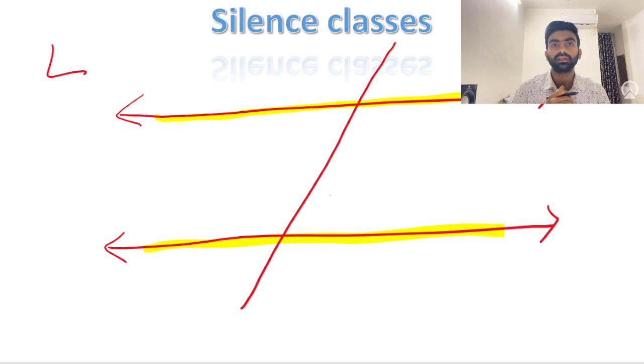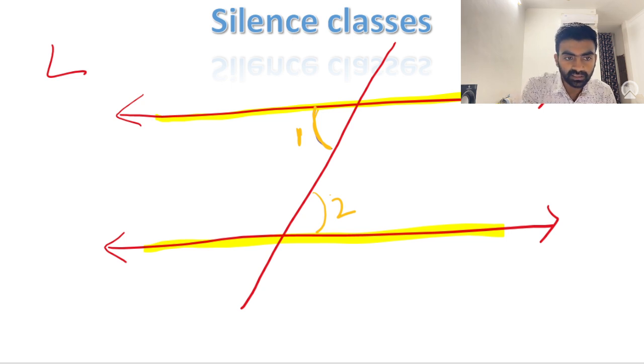It means if we take one angle of the left hand side and one angle of the right hand side, but inside, first and second, these two angles are known as alternate interior angles.